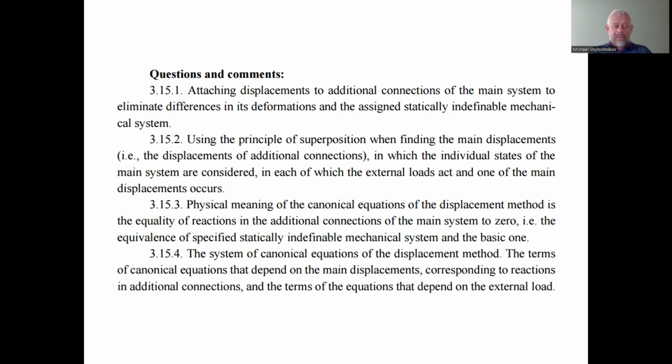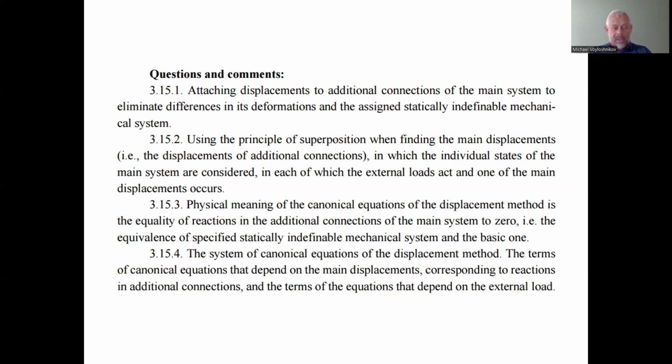Results, that is the forces, which are the total of the forces acting on the nodes, the forces on behalf of the external loads, and in all other nodes in which we install the extra connection to limit the displacement, which corresponds to the kinematic indefinability of the mechanical system. These efforts caused by the kinematic impact of all the nodes in each direction we limited by the extra connections are to be equal to zero.